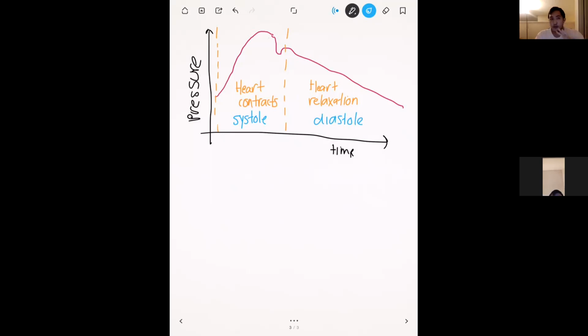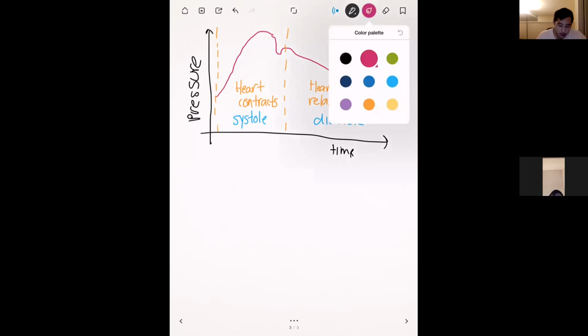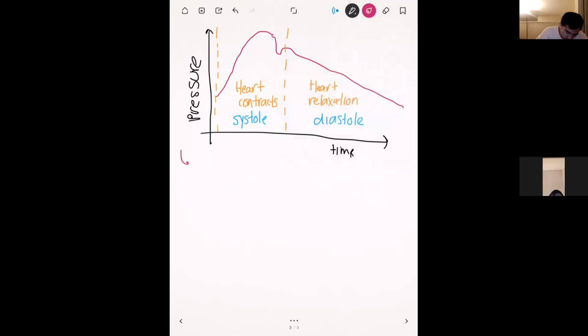All right. So what you should notice from this pressure waveform are a couple things. First, when the heart contracts, you can see that our pressure goes up very rapidly. But the rate at which the pressure decreases is a lot slower than the increase.